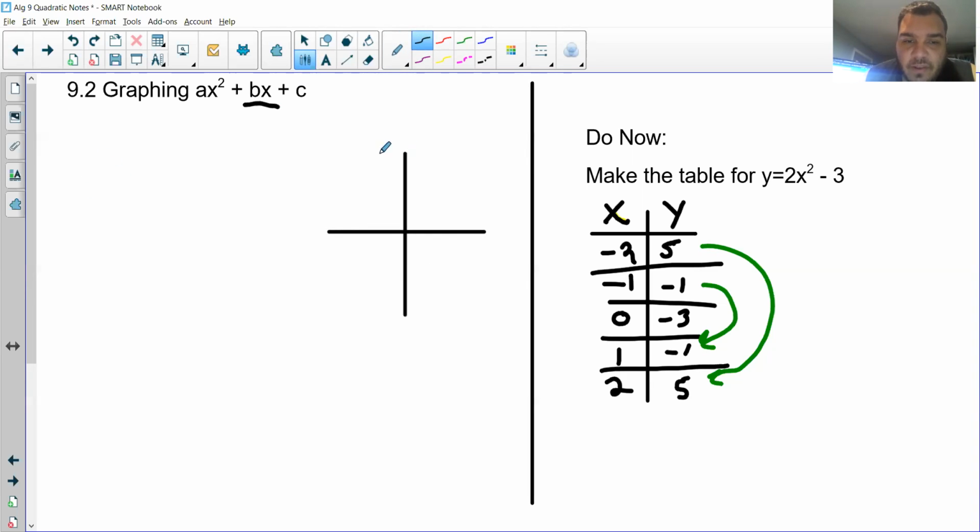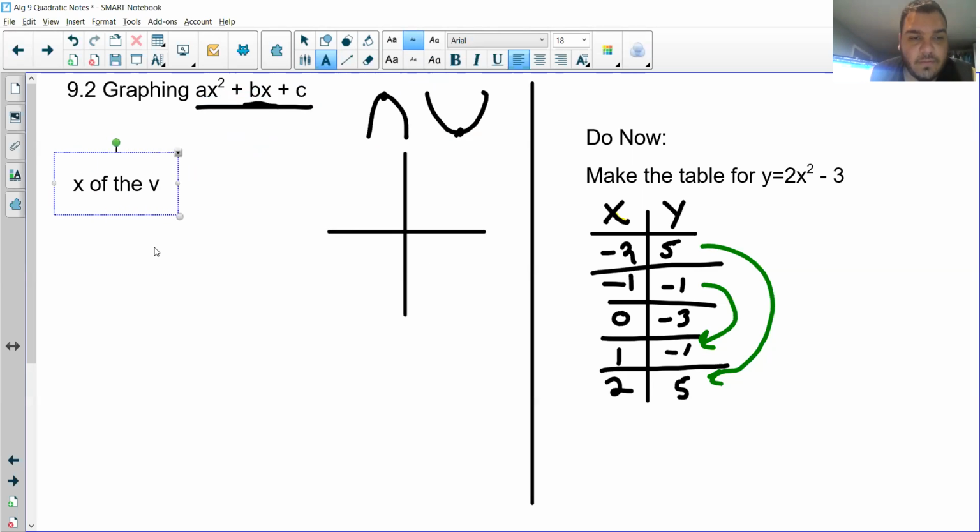For the vertex, and remember the vertex is that bottom part or the top part of the U-shape, to get the coordinates of the vertex in a situation like ax squared plus bx plus c, you're going to need this formula.